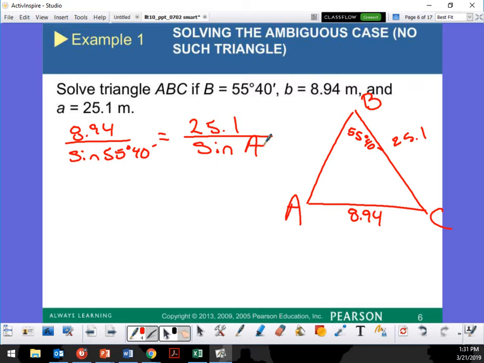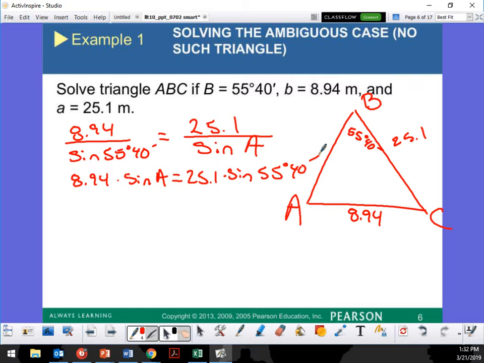Now, if I'm looking for an angle, I will have to do the inverse. So let's go ahead with cross products first. It's going to be 8.94 times sine of A is equal to 25.1 times sine of 55 degrees 40 minutes. We're trying to get sine A by itself right now, right?